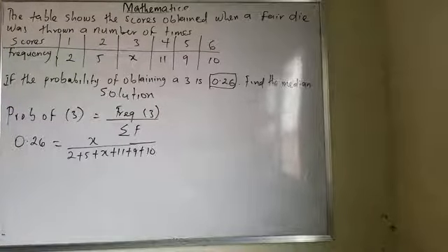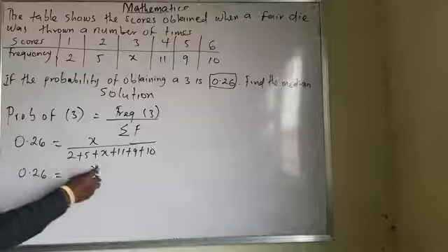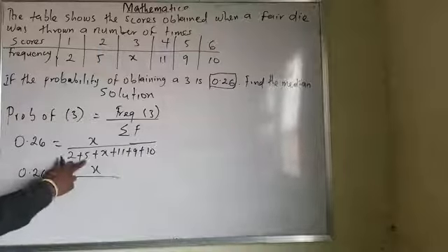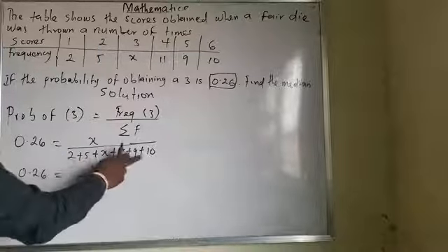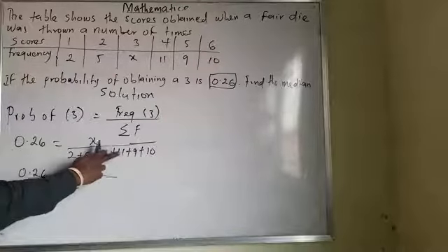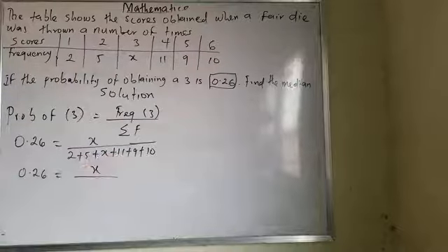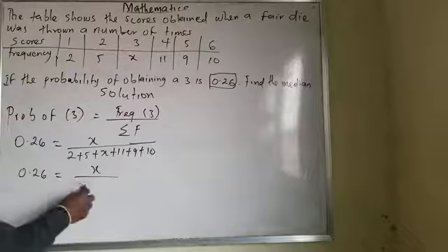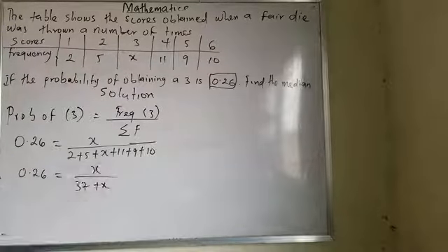Since I have that, this will give me 0.26 equals x divided by 37 plus x. Now, I can cross multiply.